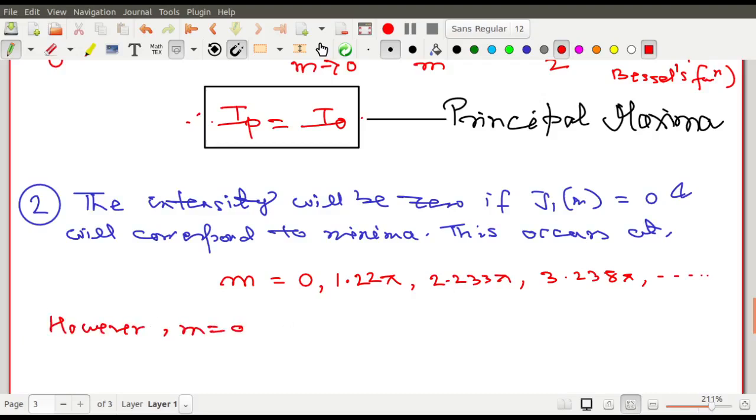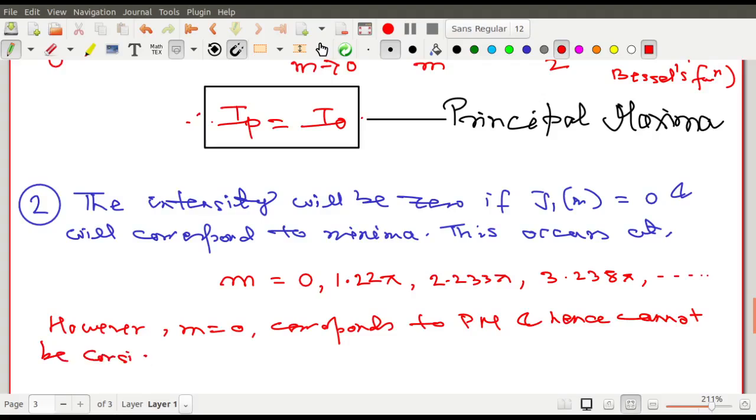However, m equals 0 corresponds to what? m equals 0 corresponds to the principal maxima and hence cannot be considered, because at m equals 0, J1M is 0 indeed, but the entire expression becomes 0 by 0, and 0 by 0 is not 0.